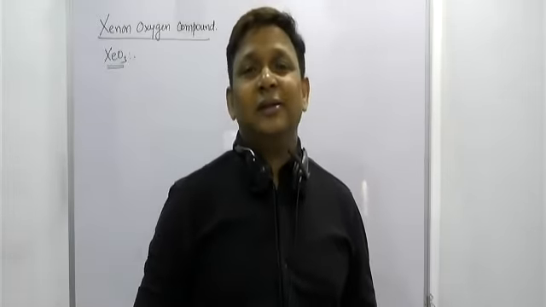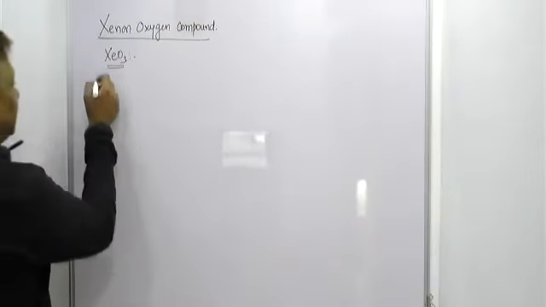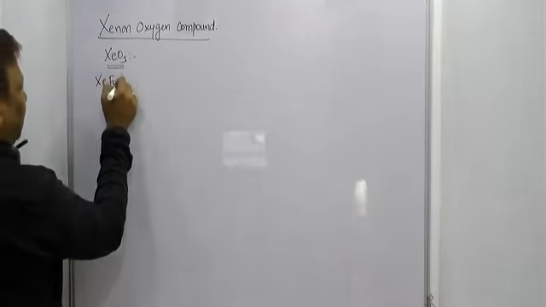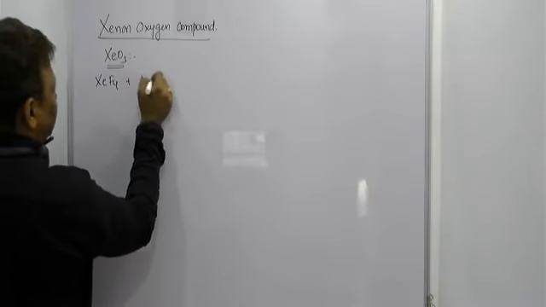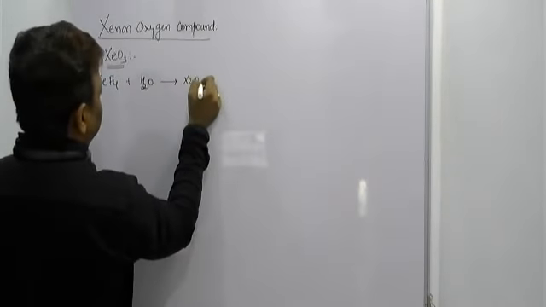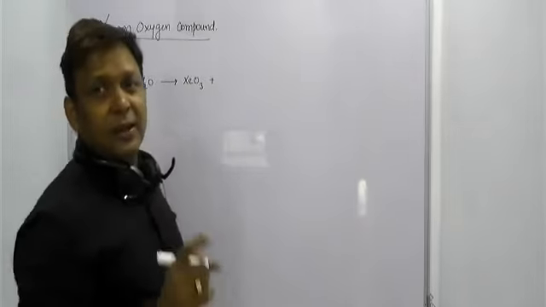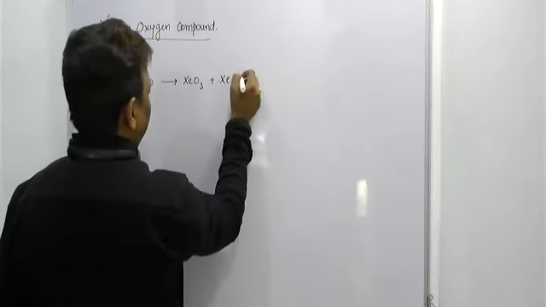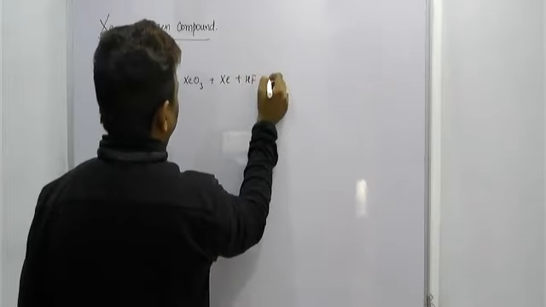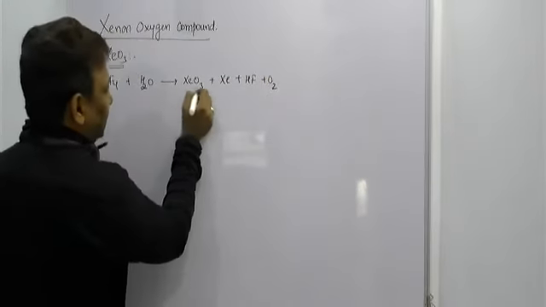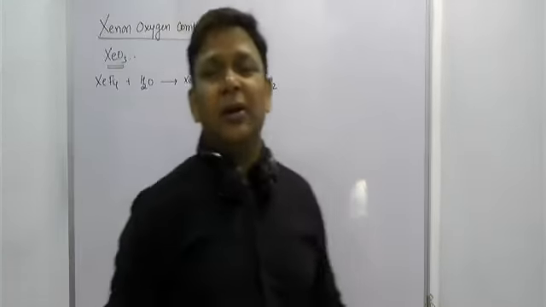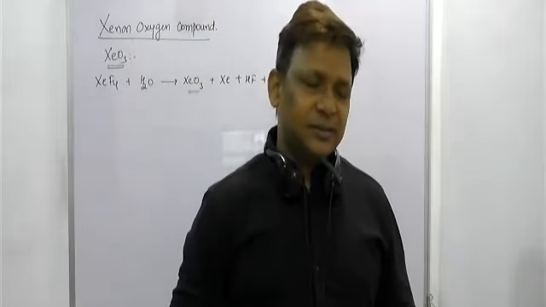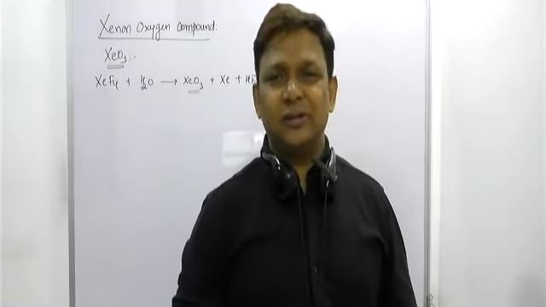How will XeO3 form? Just now we saw, beta, xenon tetrafluoride on hydrolysis gives rise to an oxide of xenon plus xenon, HF and O2. It is one method to prepare the xenon oxygen compound.